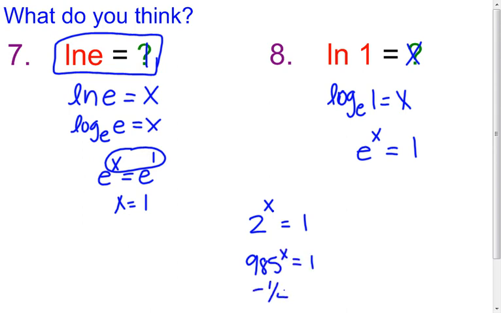Negative 1/4 to the what power is 1? The answer is anything to the 0 power is 1. So e to the 0 is also 1, and so x has to be 0, which means that the ln of 1 is 0.